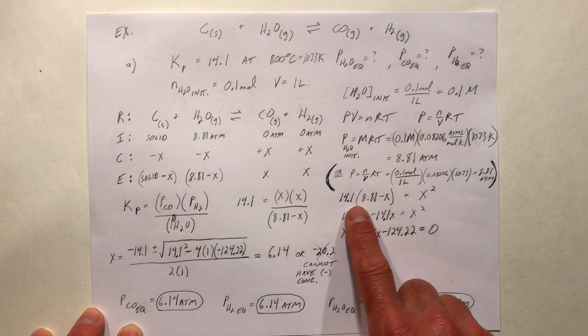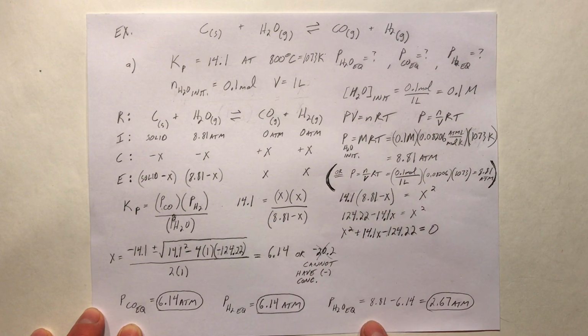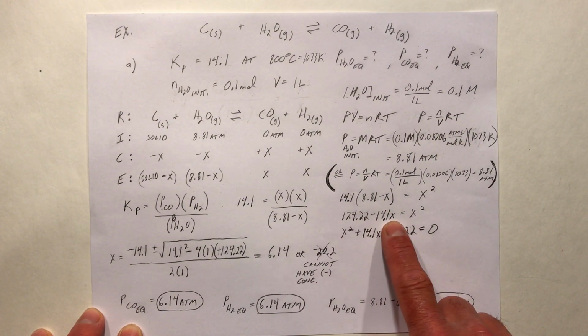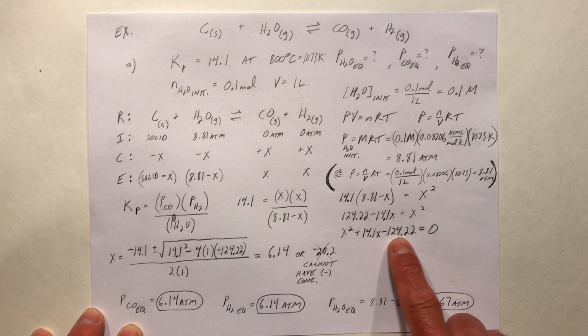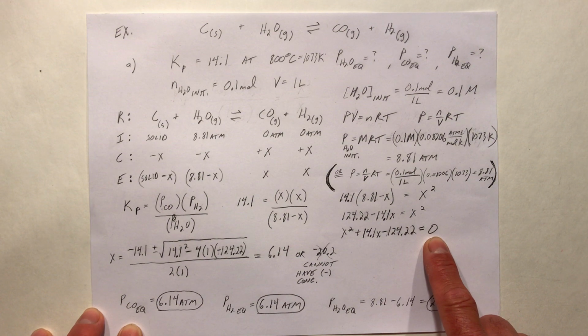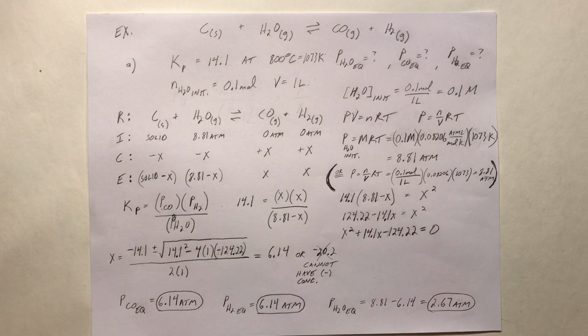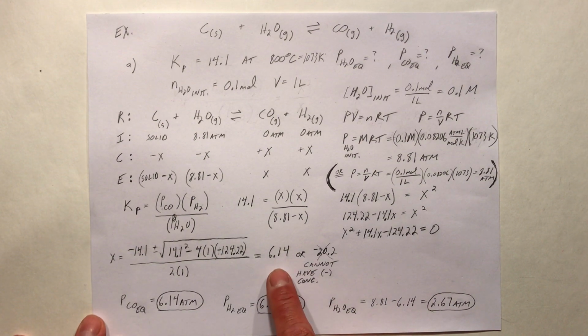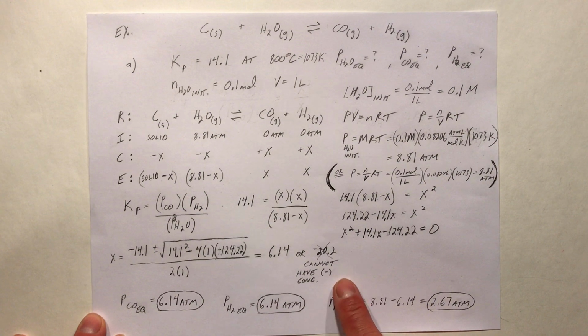Let's distribute that 14.1 into the value in the parentheses, and we get this on the left, and x squared stays on the right. And then rearrange it so it looks like this, and we can plug it into the quadratic formula. When we do that, we end up with two values, 6.14 or negative 20.2.